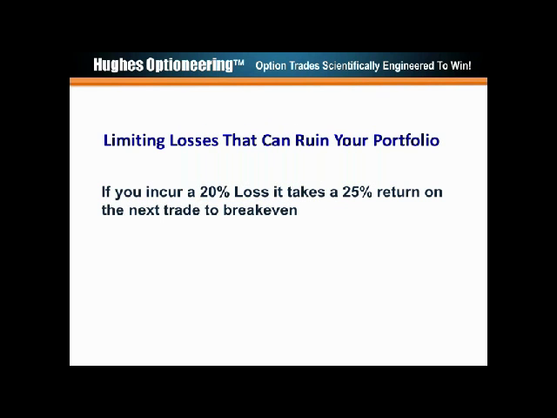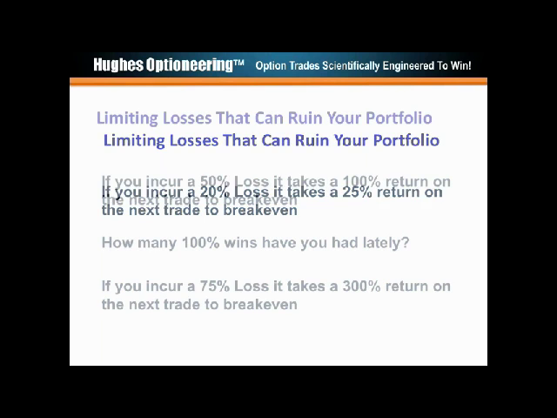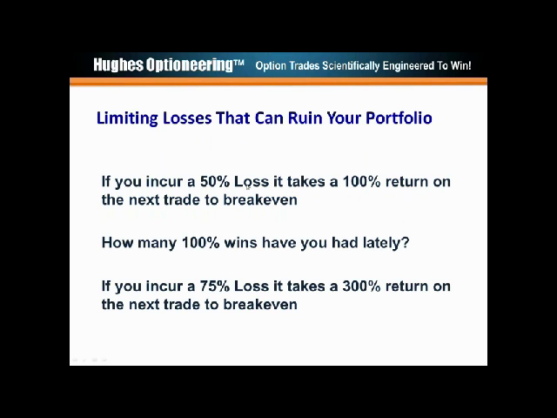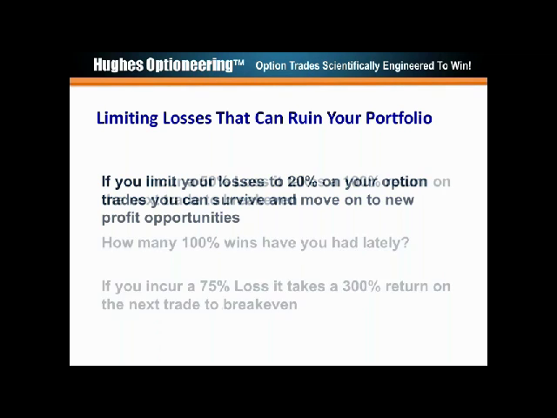And of course, if you incur a 20% loss on your option trade, it takes a 25% return on the next trade to break even. If you incur a 50% loss, then on your next trade you have to have a 100% win in order to break even. So how many 100% wins have you had lately? So we always exit losing trades quickly, 20% or less, and then hold on to the winning trades.